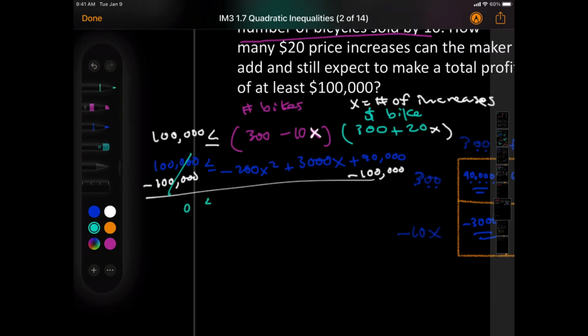So 0 is less than or equal to negative 200x squared plus 3,000x minus 10,000.